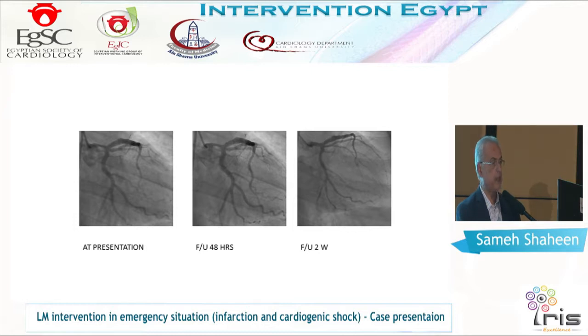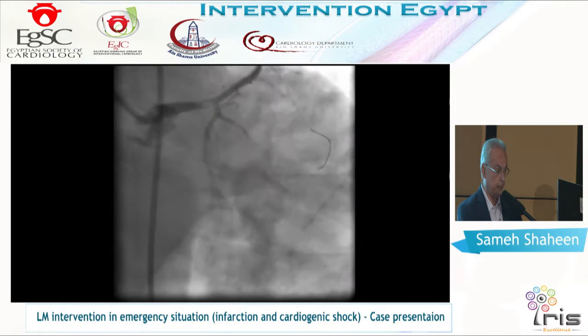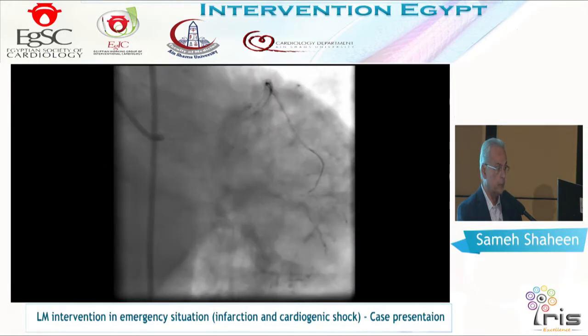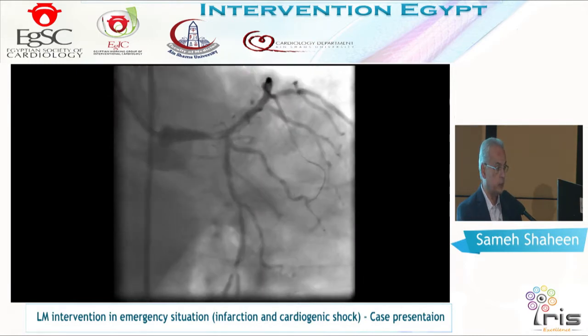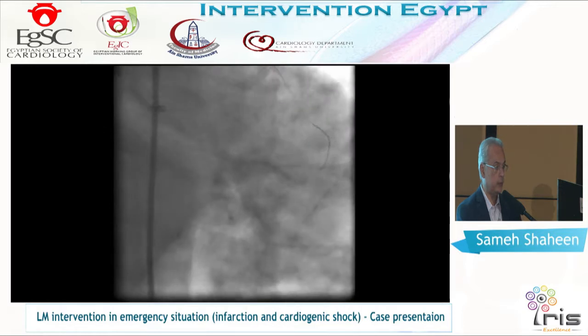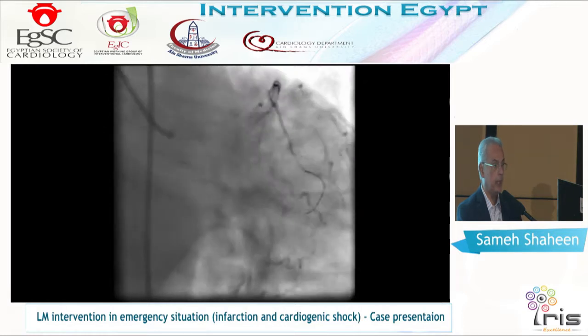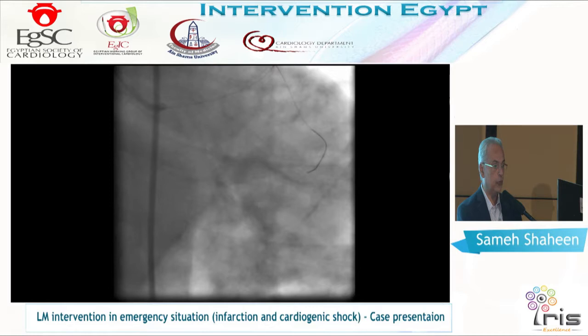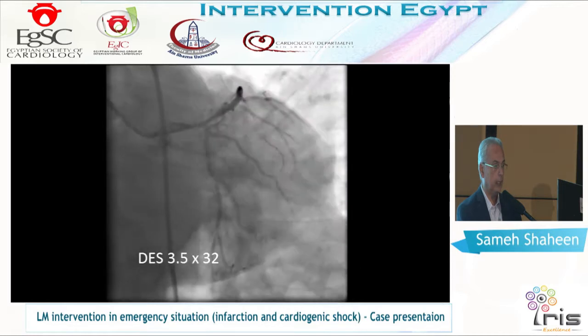So we gave him 2 weeks of dual antiplatelet therapy and warfarin, and fortunately the patient had a normal left main after these 2 weeks of conservative treatment, and it was safe not putting him a stent in the left main. This was at presentation with this thrombus, after 48 hours of intravenous 2B3A antagonist, and after 2 weeks with a completely normal left main.